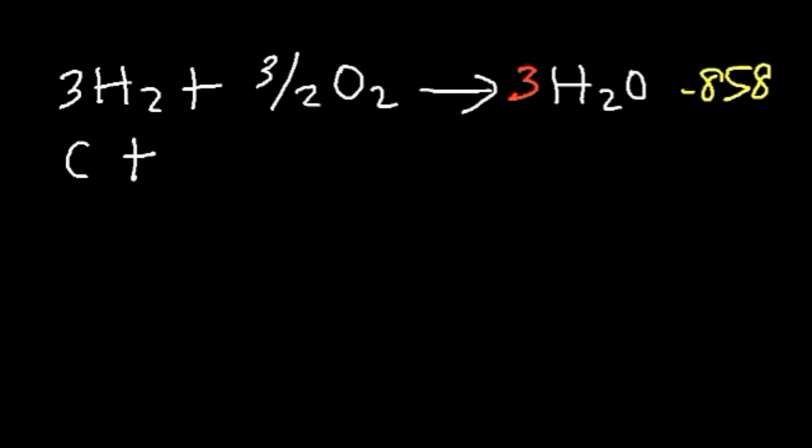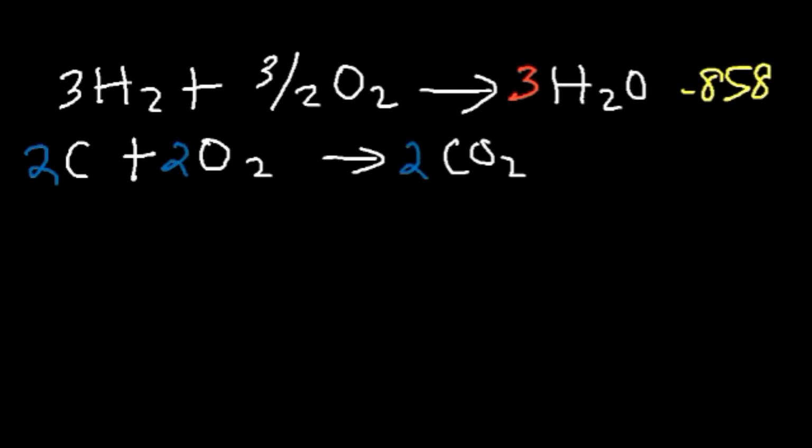Now the next one was carbon plus oxygen, which turns into carbon dioxide, and because we had 2 carbon dioxide molecules on the right side, we need to multiply this reaction by 2. The enthalpy change was negative 393, but we multiply that by 2, and this is going to be negative 786.